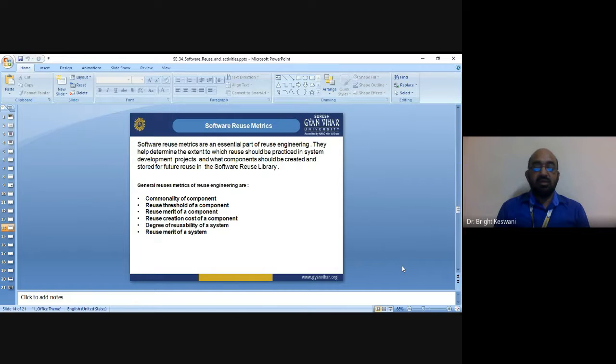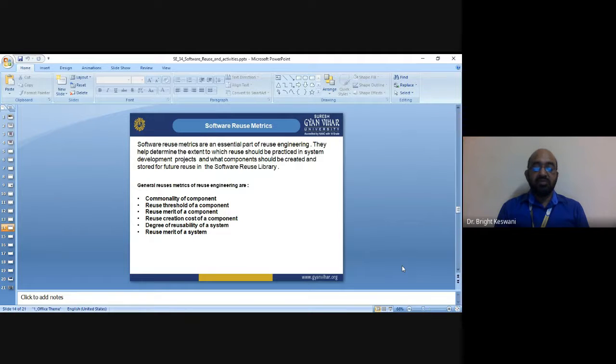When we talk about the reusability of a system, it is needed to measure the proportion of a system's components that are reusable. And lastly, we will discuss the reuse merit of a system.